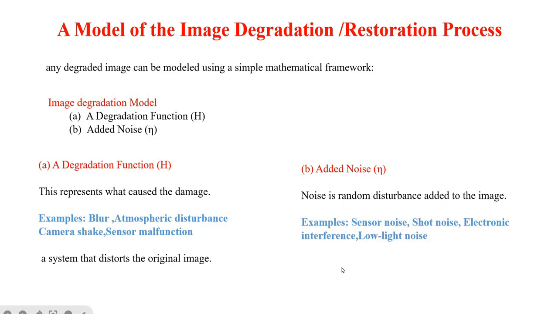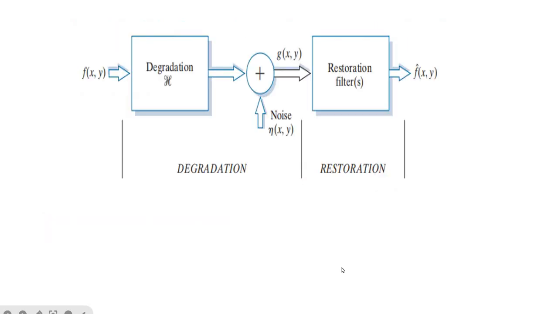Now if we consider this figure, it shows the degradation process, which is modeled as a degradation function H, that together with the additive noise, that is nu, operates on the input image f of xy in order to produce the degraded image, that is g of xy.